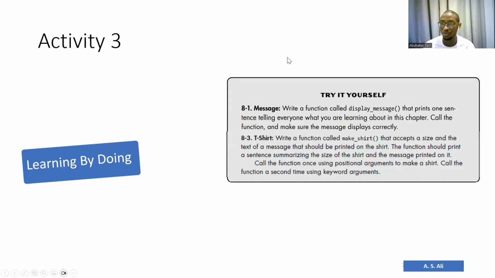We have an activity which we can test out also. So that's something you do when you have a function. Okay, so let's try our activity. This is called the display message function.